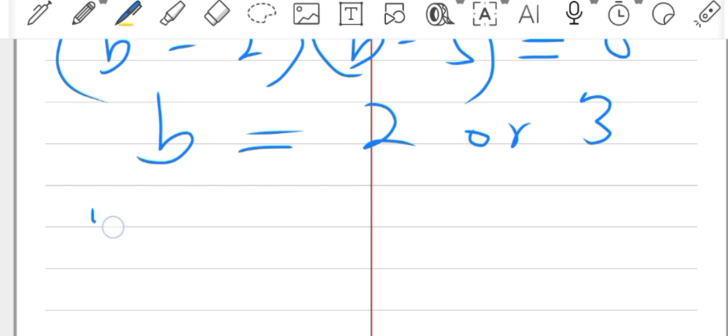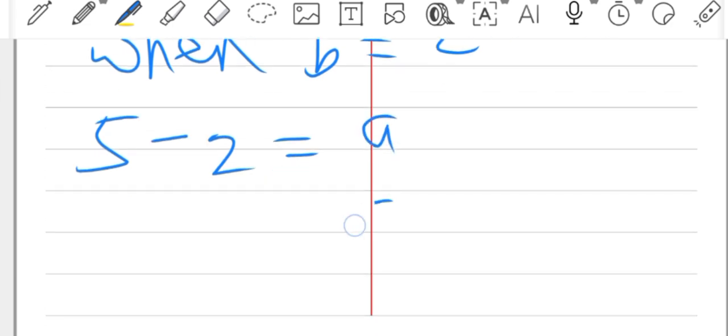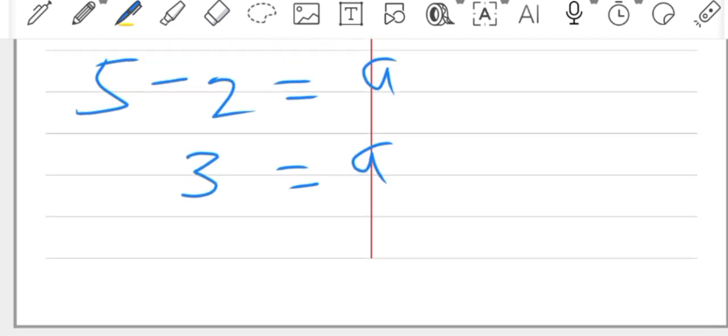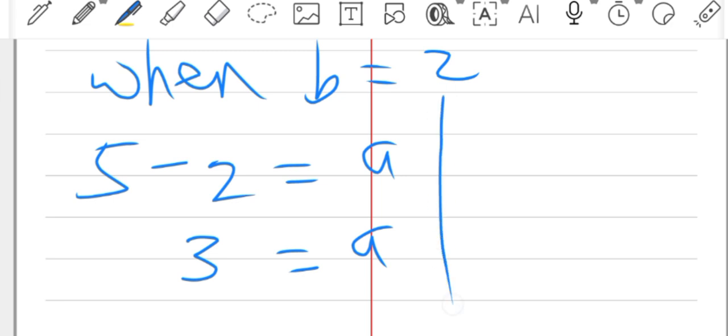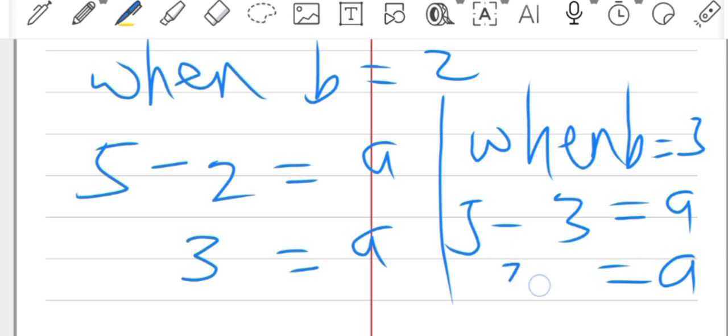When b is equal to 2, we have 5 minus 2 being equal to a, so our a is equal to 3. When b is equal to 3, we have 5 minus 3 being equal to a, so our a is equal to 2.